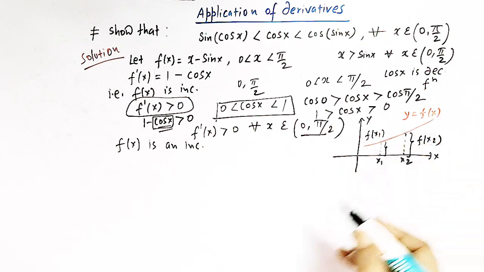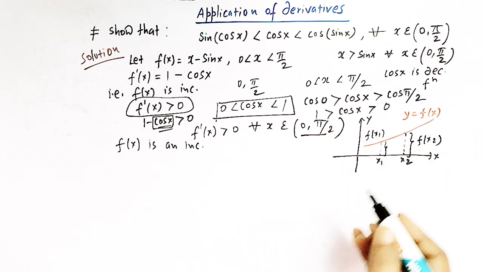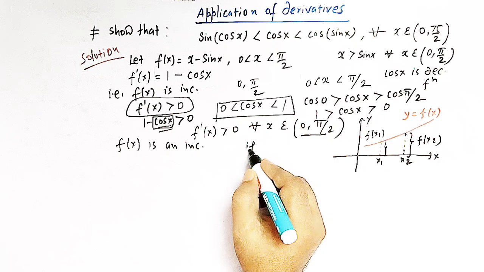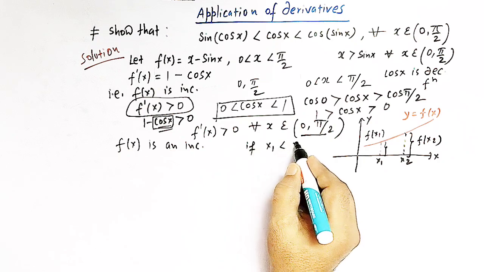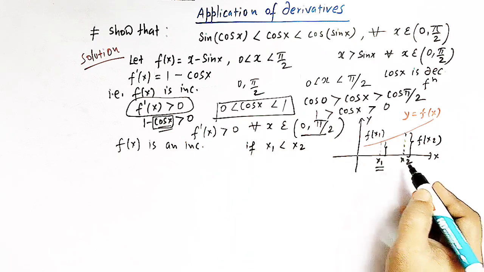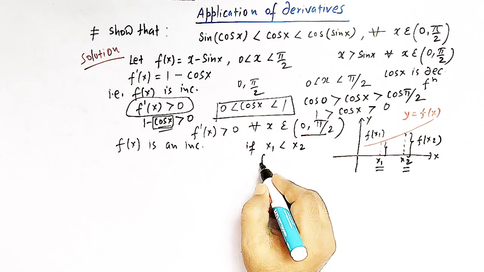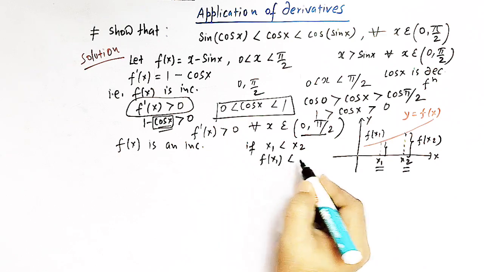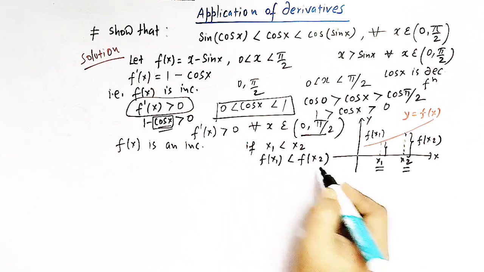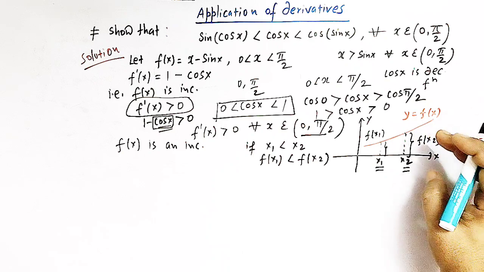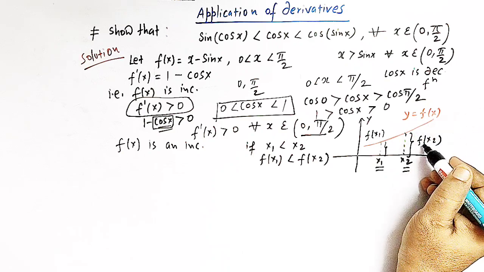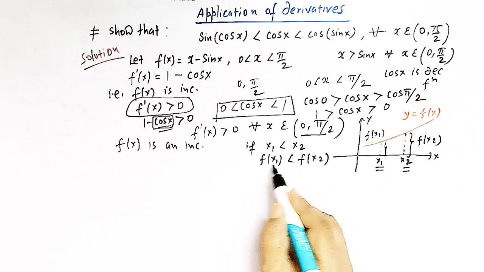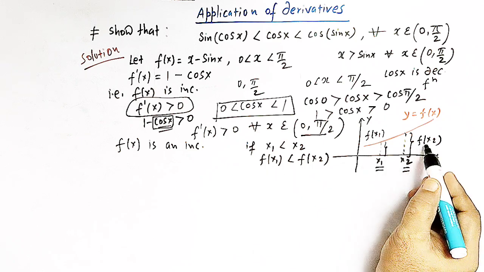So the definition of a strictly increasing function goes like this: if x1 is less than x2, then f of x1 is also less than f of x2. So this ordinate, or the y coordinate, are f of x1 and f of x2.